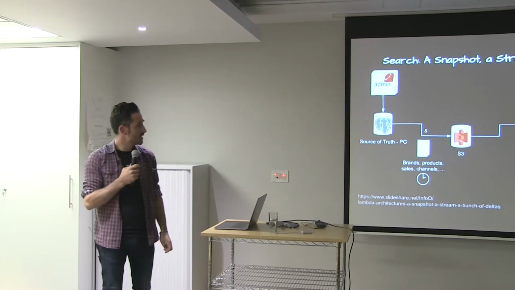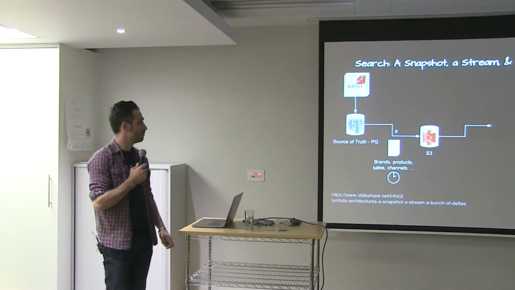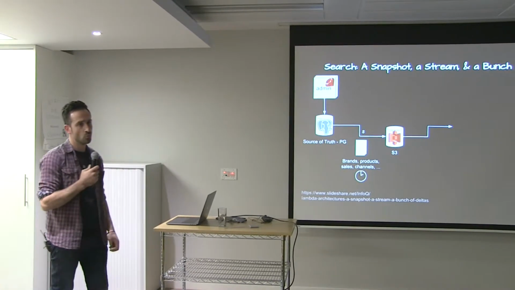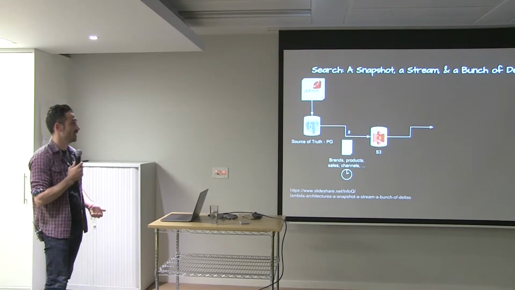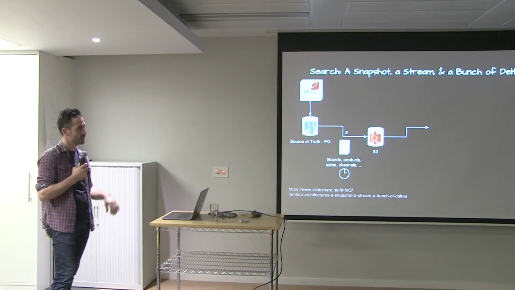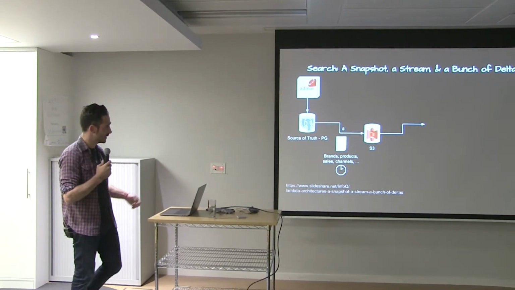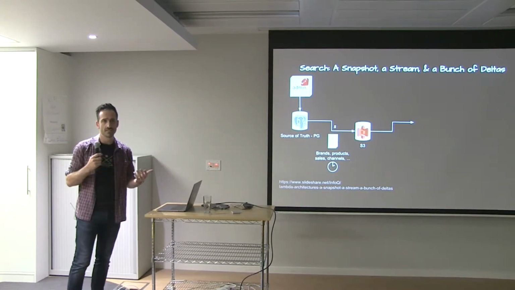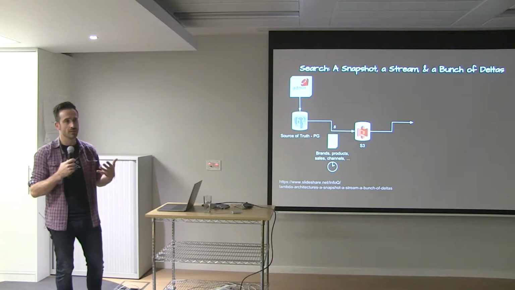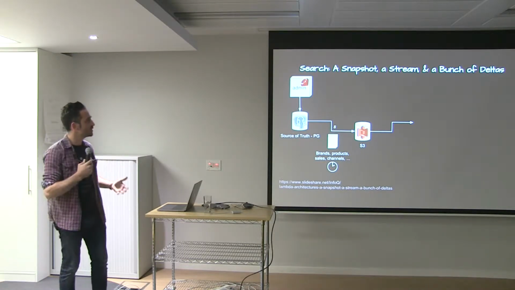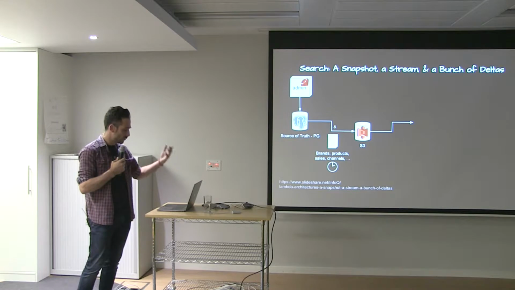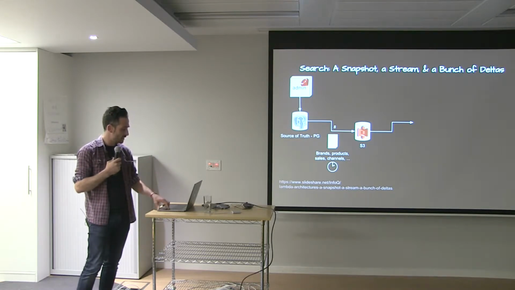To do this, we started dumping the information we were interested in from the database into S3. We dumped brands, products, and sales every 6 hours. We called it a snapshot, and every 6 hours we had a new big JSON inside the S3 bucket.